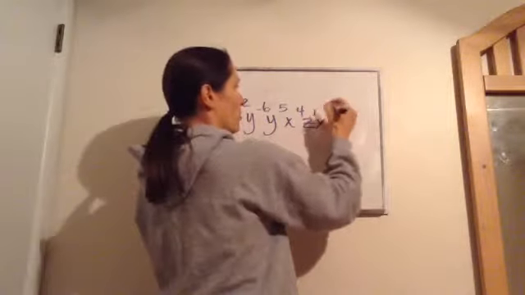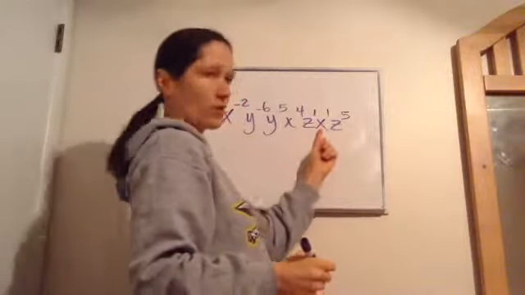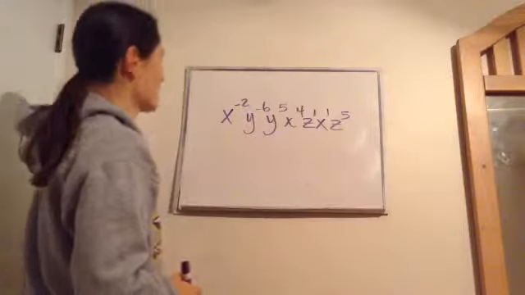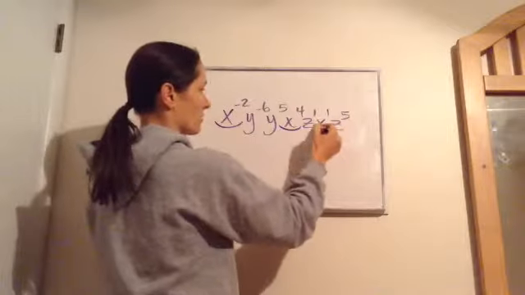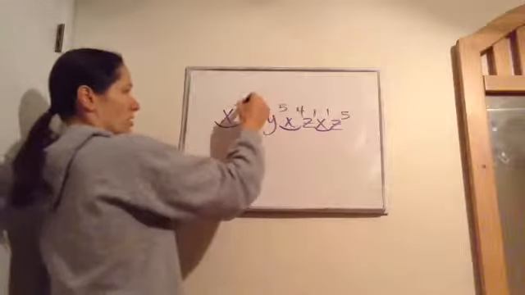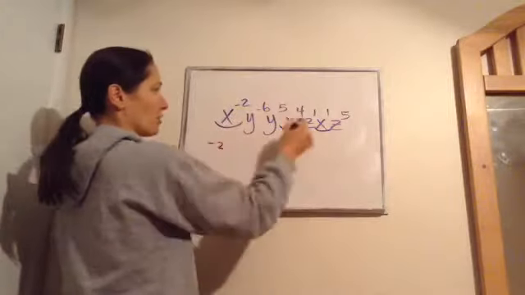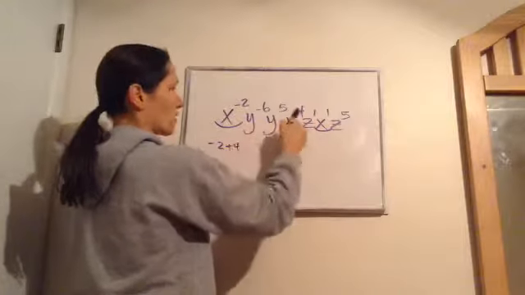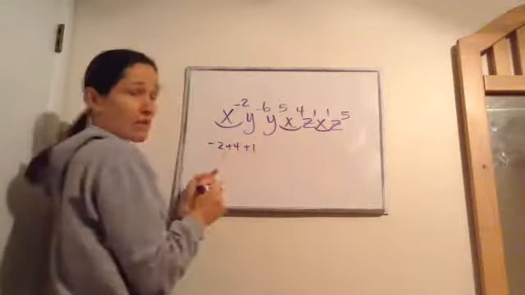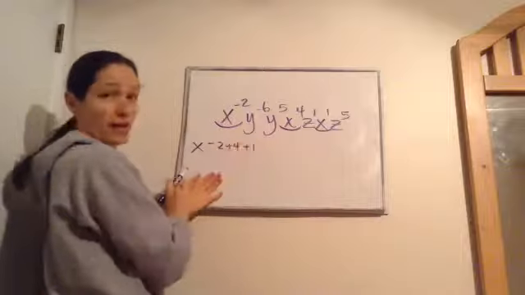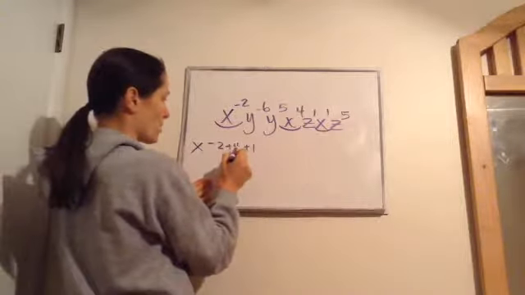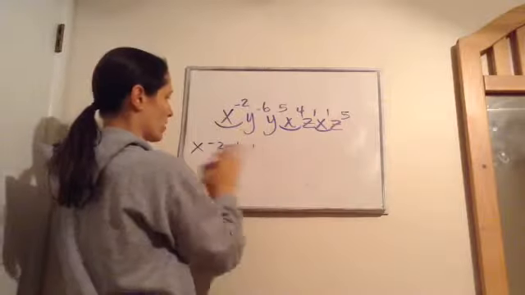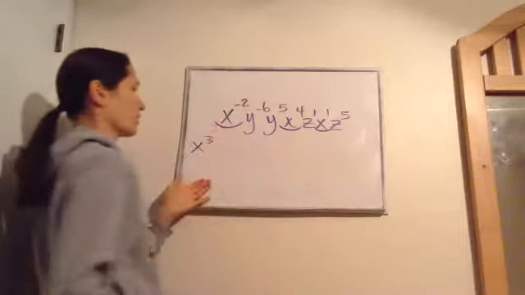I'm going to go ahead and put 1 and 1, because we do have one z and one x. Now, I'm going to take all my x's. So this is going to be negative 2 plus 4 plus 1. You can even write that down to show yourself that. So negative 2 plus 4 is 2, and 2 plus 1 is 3. So then I'll change that to 3.